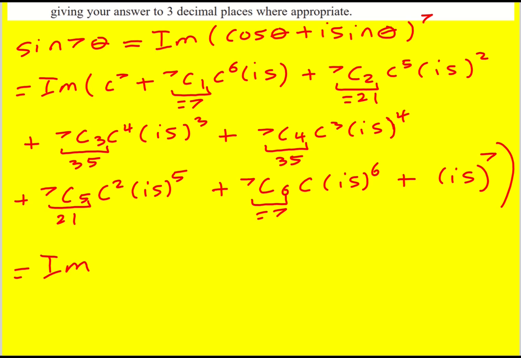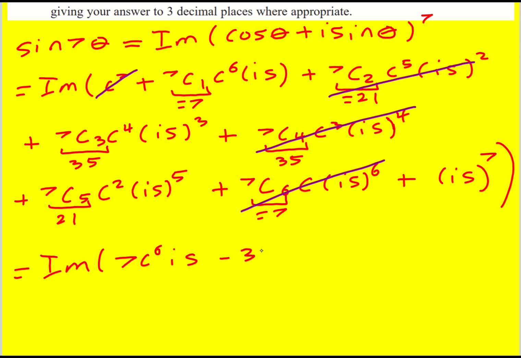Okay, now we can take some shortcuts here, because we can just ignore that, because that is entirely real. And this term will be entirely real as well, because it's got i squared in there. Basically, every other term we can just eliminate straight away. So what are we left with? We've got 7 c to the 6 is, and then when you do i cubed, you actually get minus i.